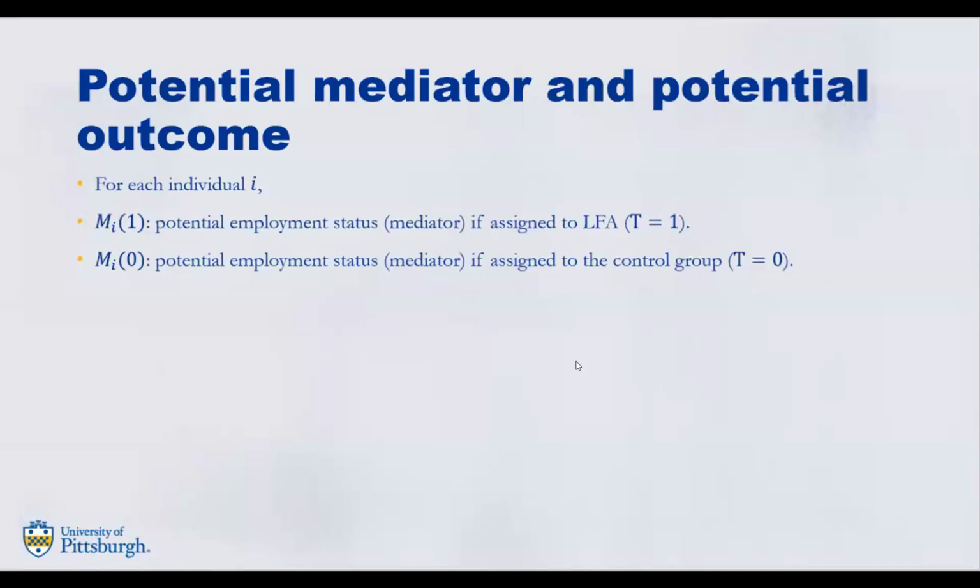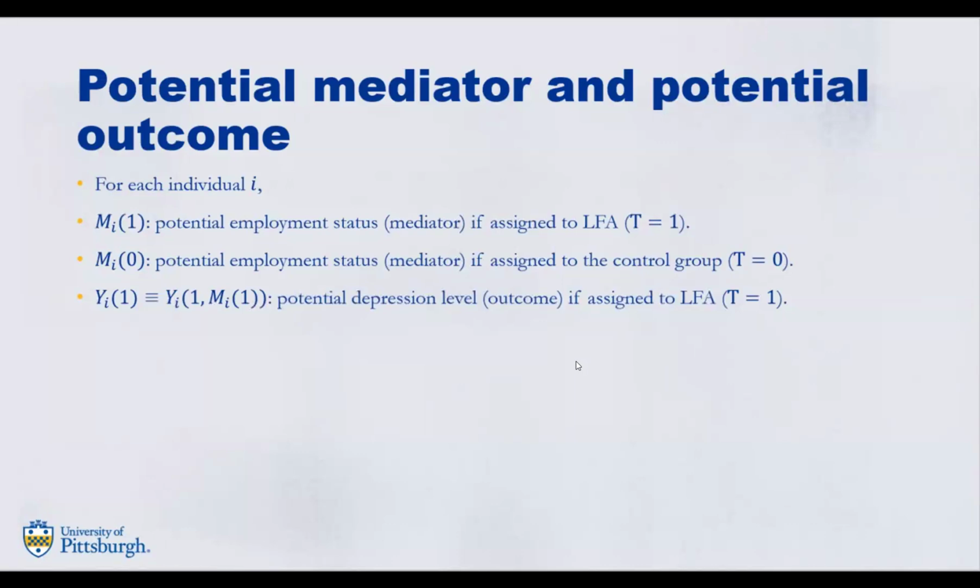And similarly, we could define the potential outcome. So Y_i(1) can be used to denote the potential outcome if assigned to the LFA group. Because the outcome is affected by the treatment and subsequently by the mediator, the potential outcome can be defined as a function of treatment and potential mediator.